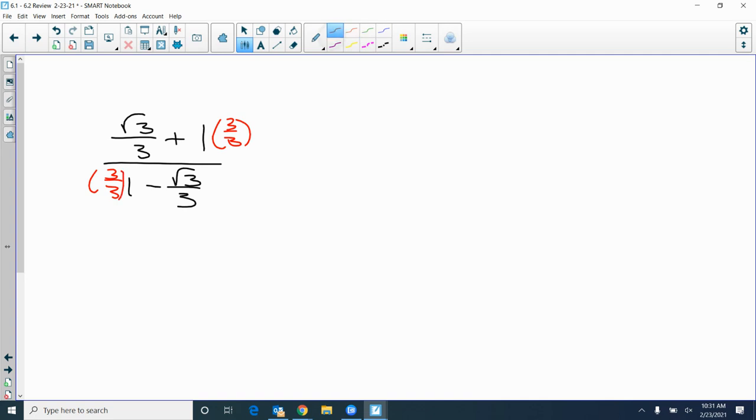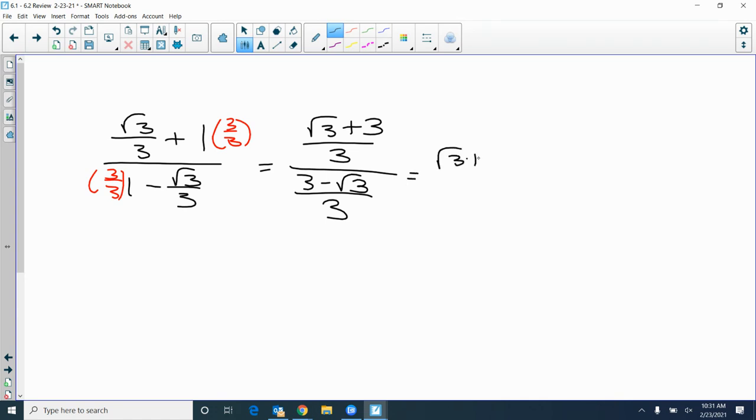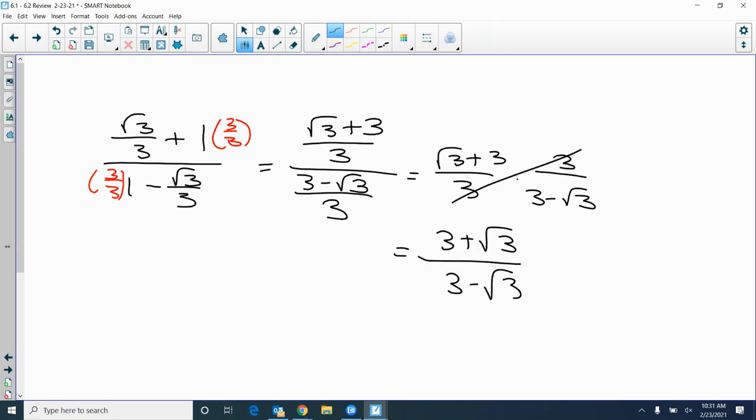And that's going to become square root of 3 plus 3 over 3, all over 3 minus square root of 3 over 3. Can I leave that? No. So you've got to invert and multiply. And so I got square root of 3 plus 3 over 3 times 3 over 3 minus radical 3. Those will cancel. So if you end up with something like this, you at least got to take it to that. And I'm not going to make you rationalize the denominator there. Okay? So you should be good there.